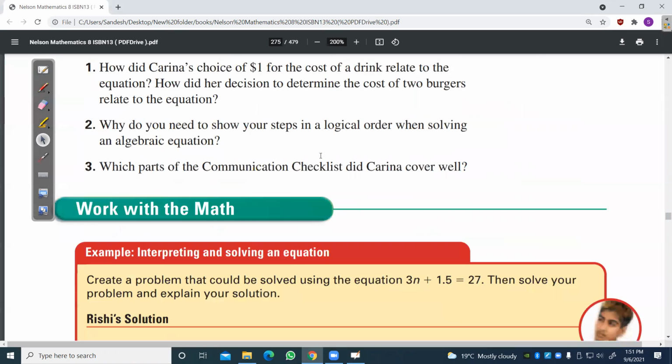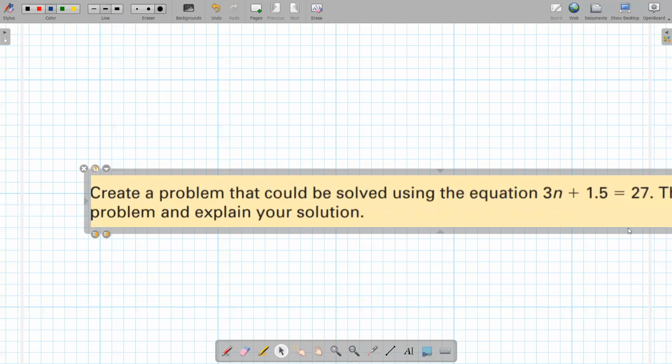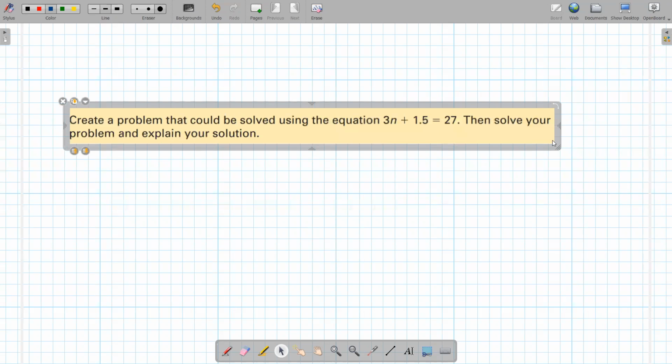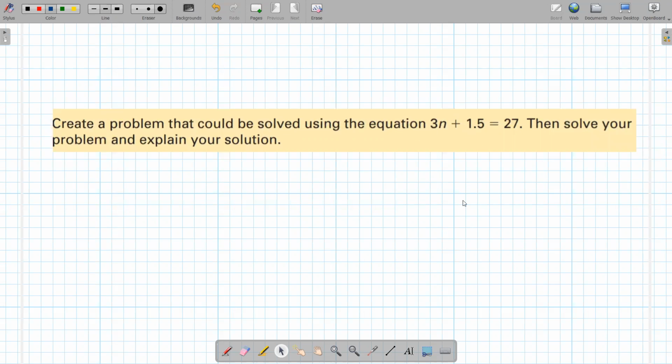So now these are communication problems. It's a little bit annoying. I mean, again, there's no wrong answer to this, as long as you give a decent example. So what they've done here is they've given you this equation, and the question's asking you to come up with a situation that could be resembled by this equation.